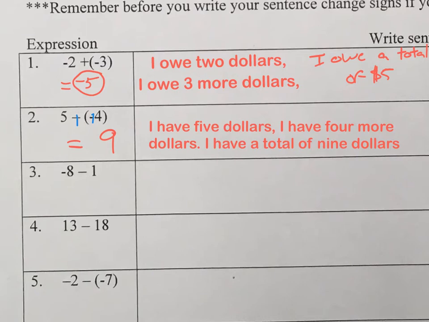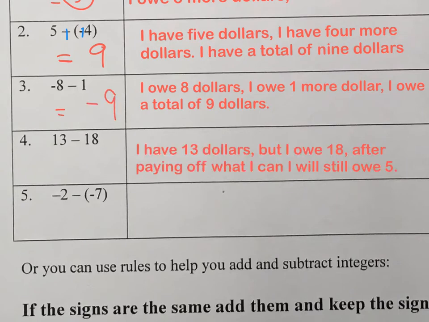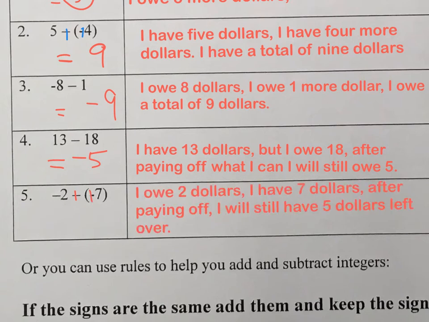So go ahead and do the rest. And on number 5, don't forget to change it to plus even before thinking of money. So that answer is +5.